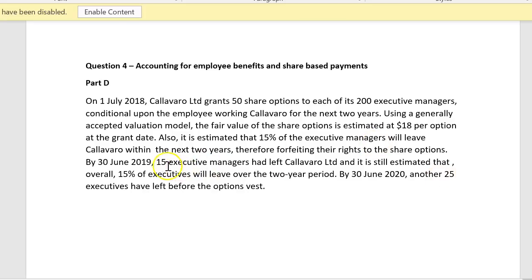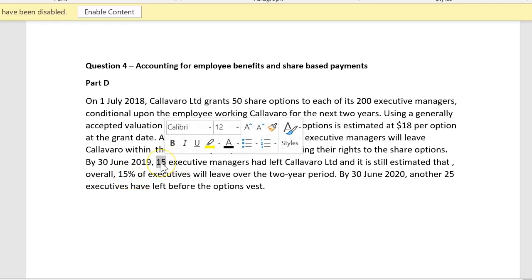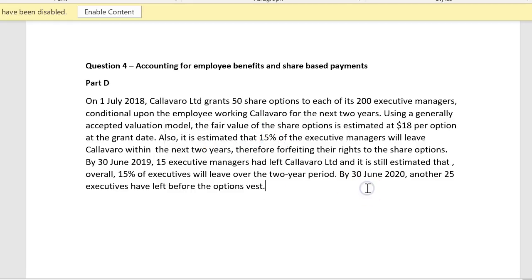So 15 managers left in the first year. You don't need to take this into account in the first year because it's still within the given threshold. Another 25 executives have left before the options vest, which means 40 executive managers in total left before the options vest.